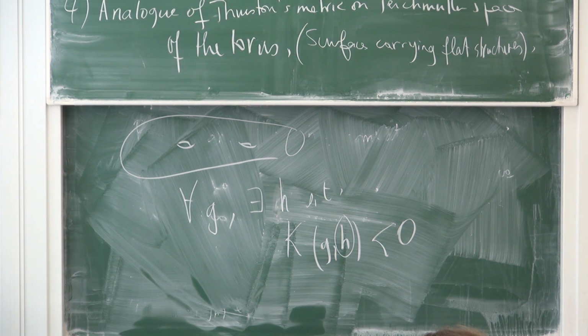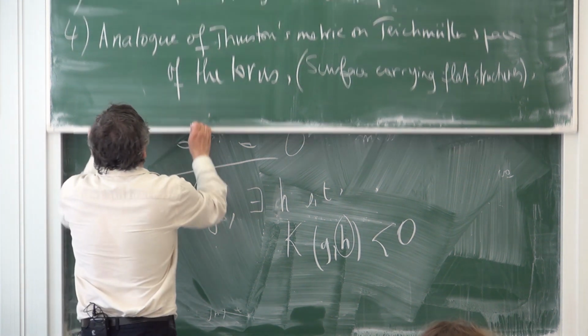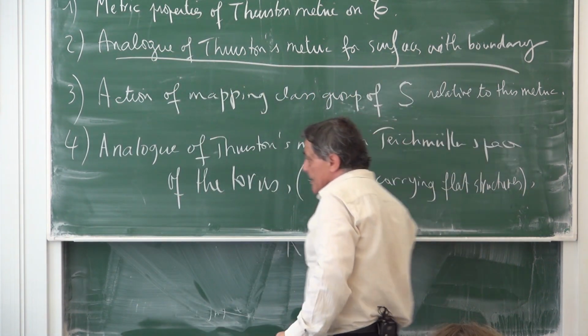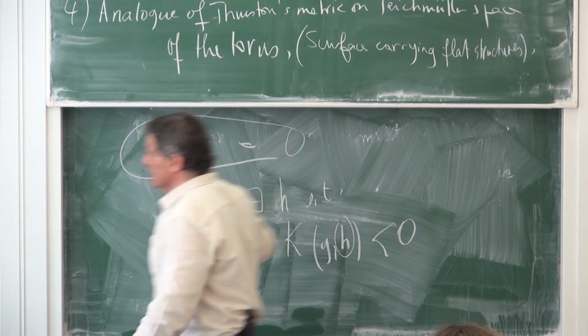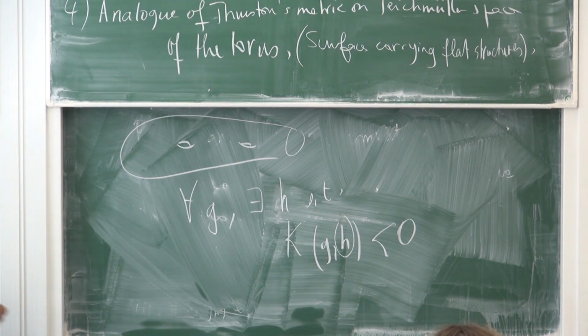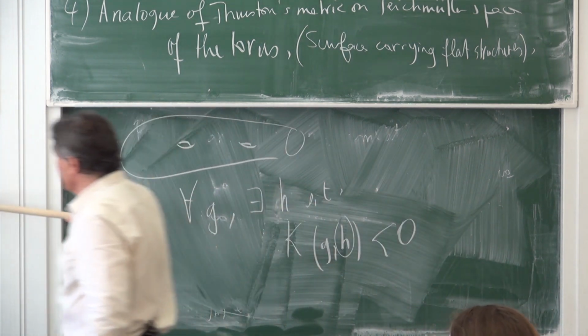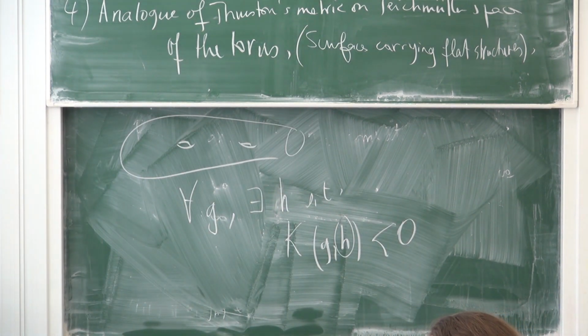I don't know if I gave you the reference for them anyway. So this is the analog of Thurston's metric for surfaces with boundary. We change the metric, and we define a new metric, which I want to tell you. And this is also a general way of thinking, a general method, you know.